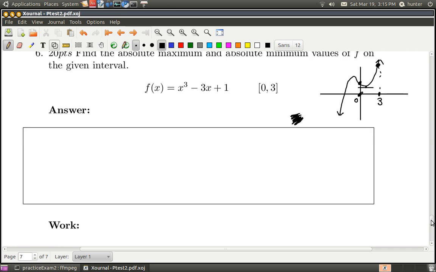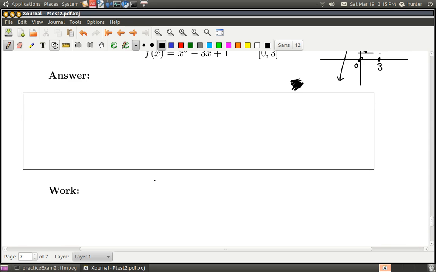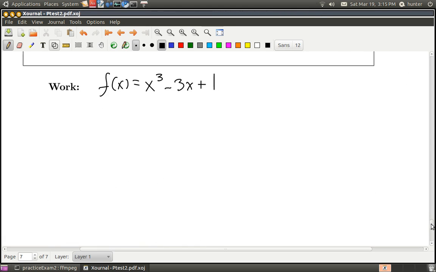Alright, so the real work just amounts to taking the derivative and setting it equal to 0. Let me copy the function: f of x is x cubed minus 3x plus 1. Now all we're going to do is find f prime, set it equal to 0, and solve. F prime of x is 3x squared minus 3.